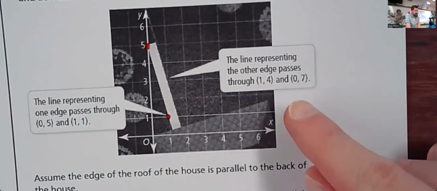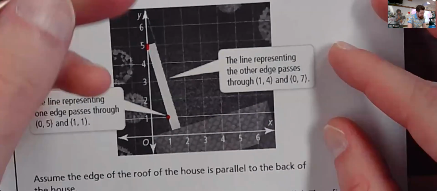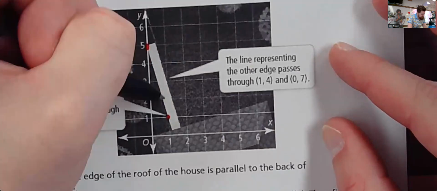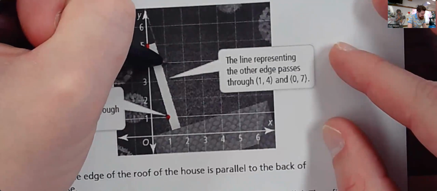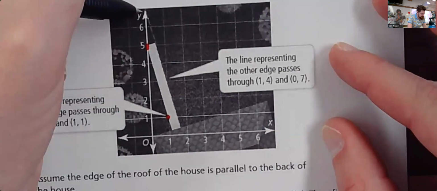It also says the line representing the other edge passes through the points (1, 4) and (0, 7). So (1, 4) is here. That's weird. (0, 7) is up here.